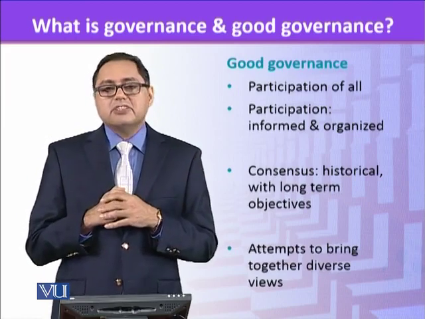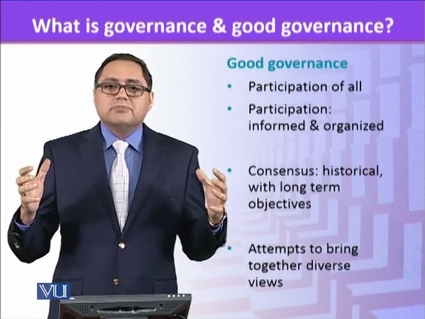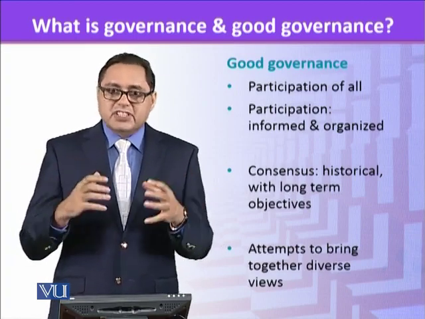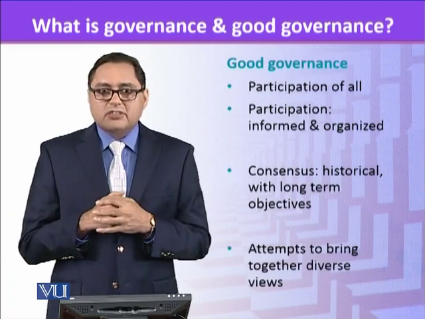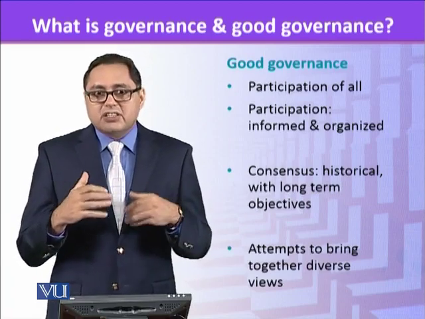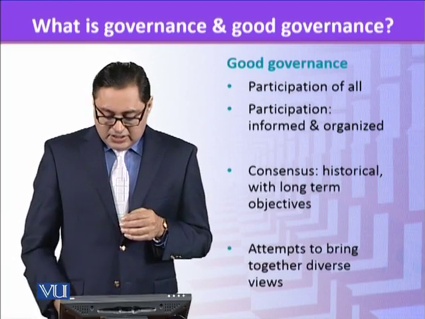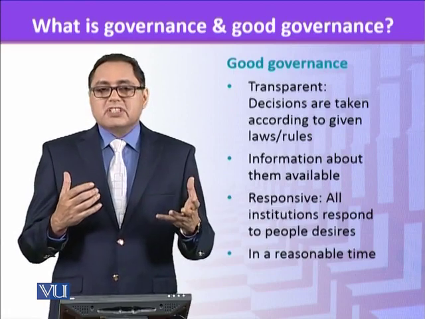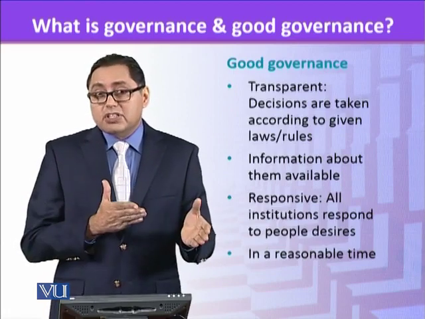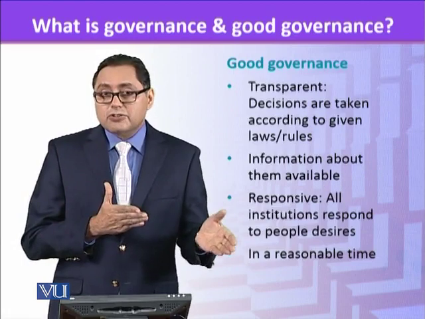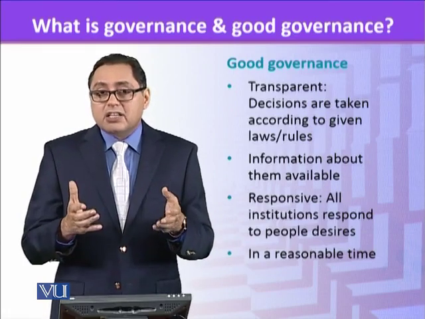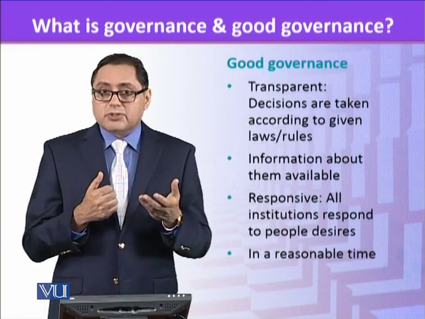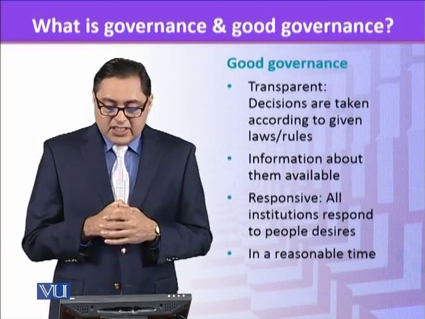Consensus-oriented means that we are trying to bring in different types of people who have different interests, and trying to bring each one of these groups together when we are making the policy. Transparent means that policies are made according to the laws which are there according to the Constitution, and people have the opportunity to look at the policy making process. So it's open; they can look at it.